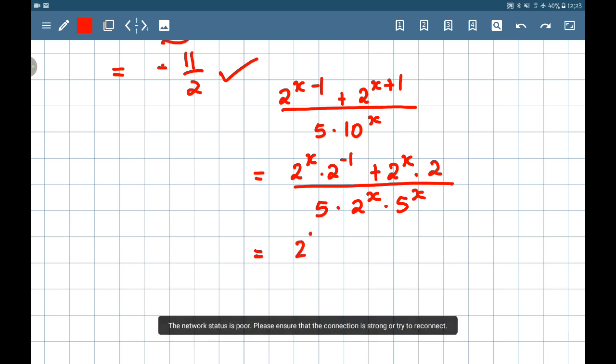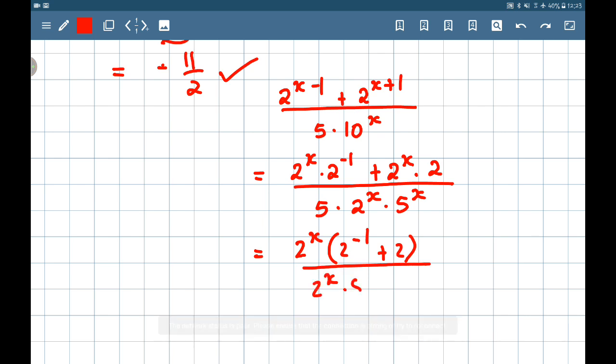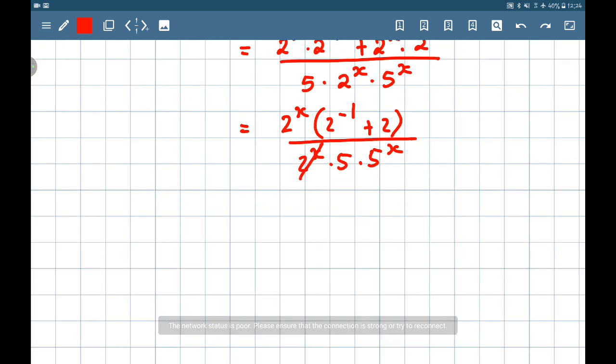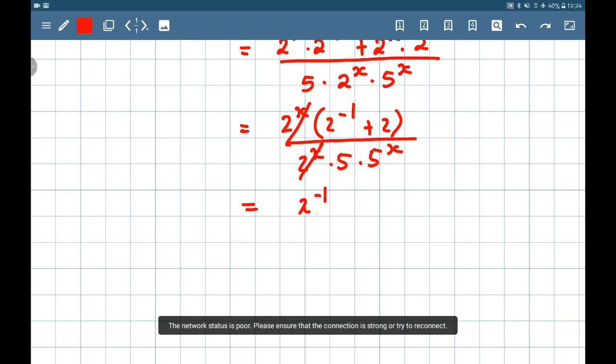Which is going to be 2 to the power x into 2 to the power minus 1 plus 2, all over 2 to the power x multiplied by 5 multiplied by 5 to the power x, right? Yes. So the 2 to the power x cancel, and you are going to have 2 to the power negative 1 plus 2 over 5 multiplied by 5 to the power x.